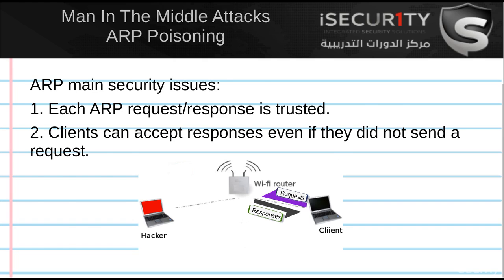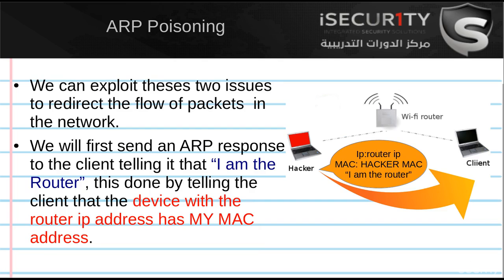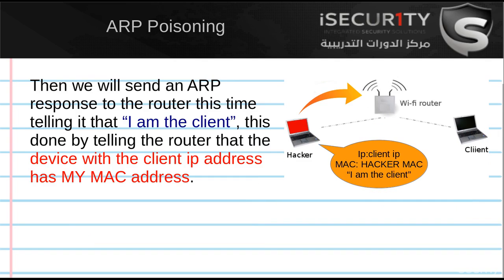So when I go to the client and I tell him I am the router, he's gonna believe me straight away. And when I go to the router and tell him I am the client, he's gonna believe me again. The way I spoof my identity is by telling the target device that I have a different MAC address. So when I want to tell the router that I am the client, I tell him the person with the client IP has my MAC address.